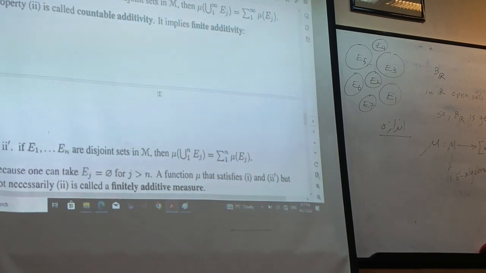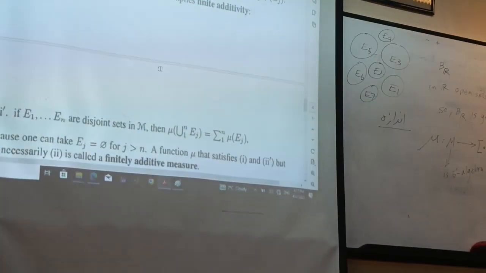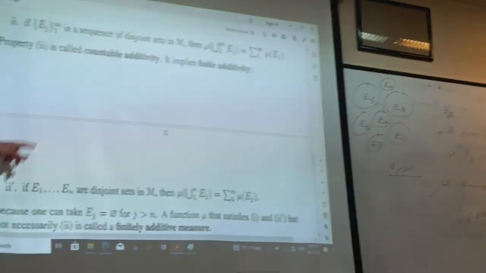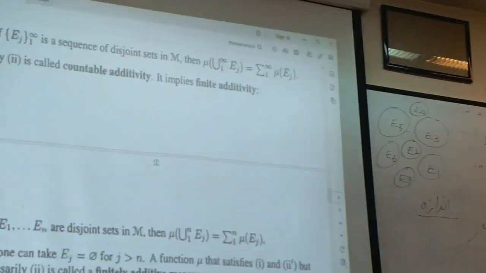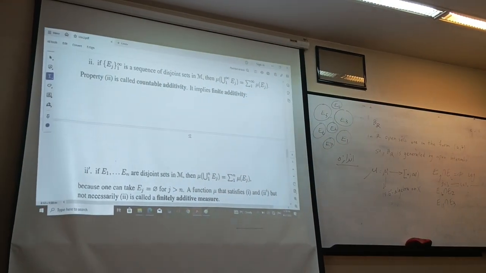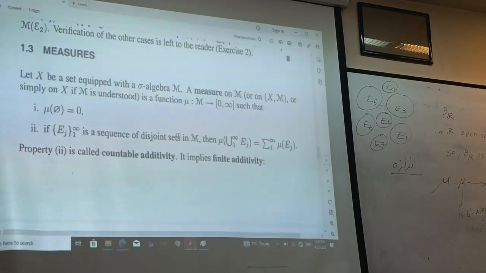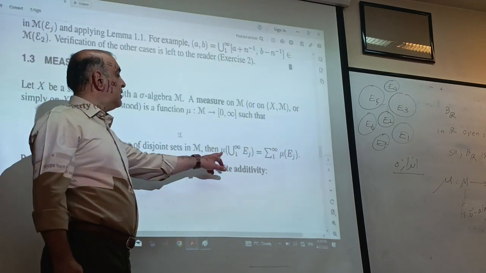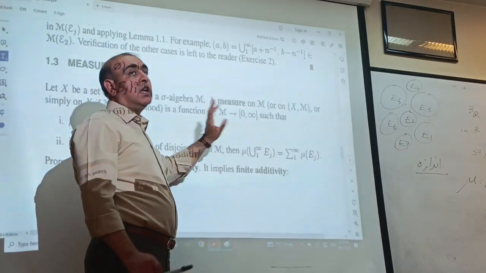We prove condition 2 prime from condition 2. M is a sigma algebra, mu is a measure.